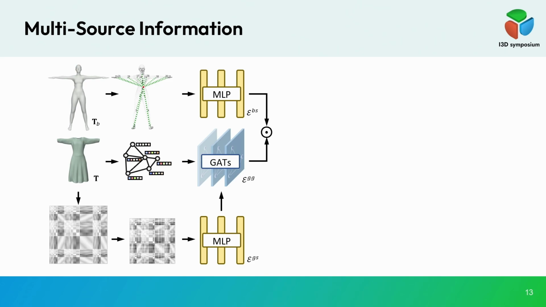By integrating the garment graph with style-related cues, we combine information from both the body and the garment to create a comprehensive graph representation.